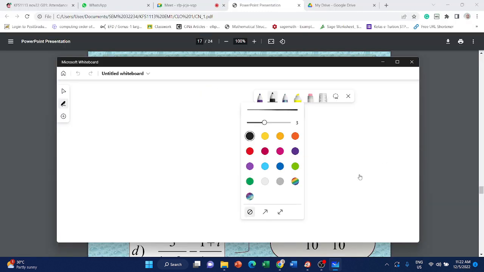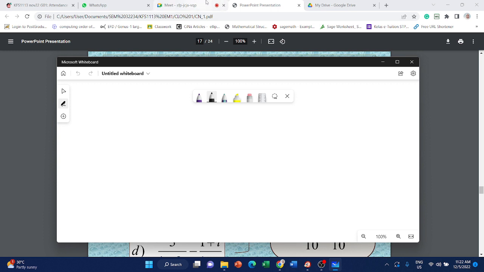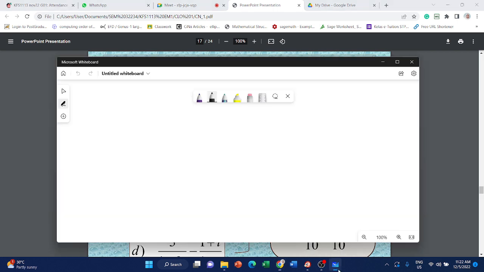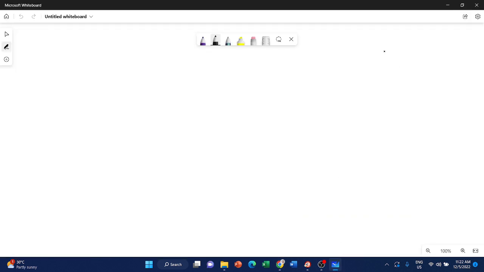Okay. So here we have 2 plus i over 1 minus i. So how to do the process? How to do the operation? Okay, so you have a fraction in terms of complex numbers, right?